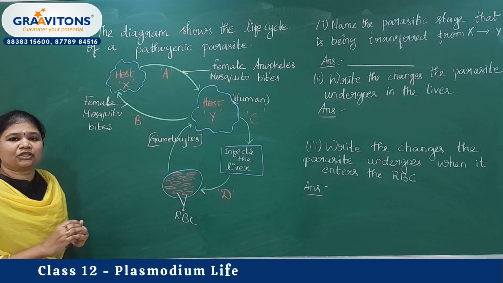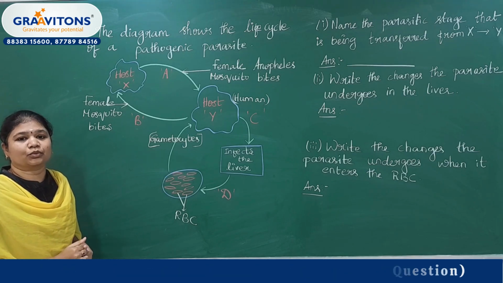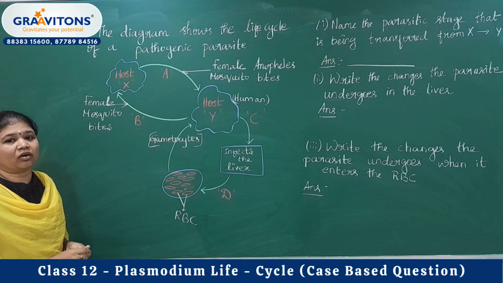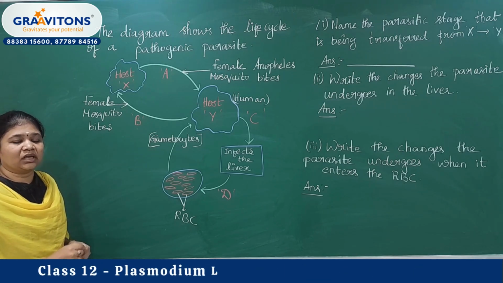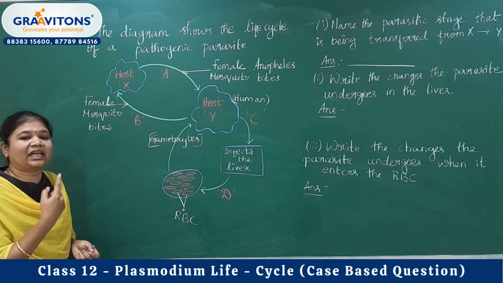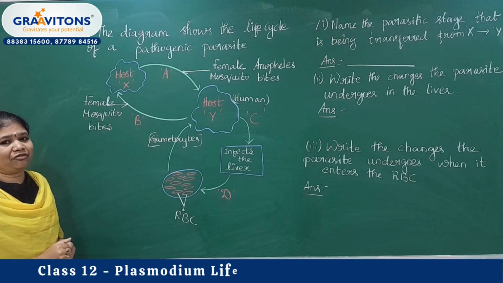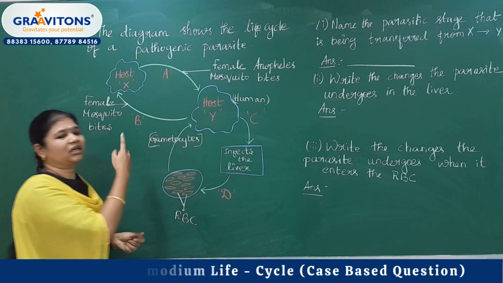All these, fertilization and zygote formation, happen in the gut of the mosquito. And there is one stage formed which is more important, called sporozoite. These sporozoite stages will be formed in the gut and migrate to the salivary gland of the mosquito. So once this infected mosquito bites another human, the cycle continues.